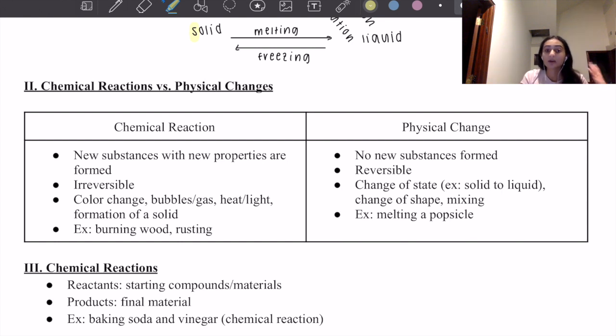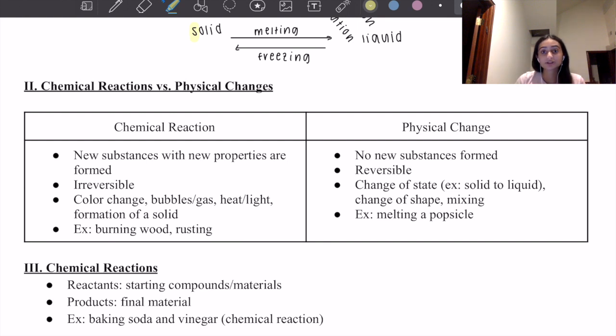You start with reactants and you end with products, and we'll discuss this more when we talk about chemical equations. You also cannot reverse a chemical reaction. And also chemical reactions usually give some visible indication that a chemical change has occurred, such as a color change, bubbles or gas given off, heat or light, or formation of a solid.